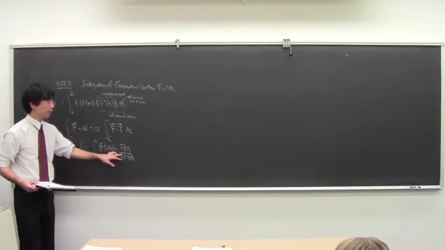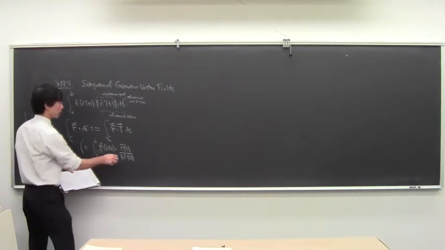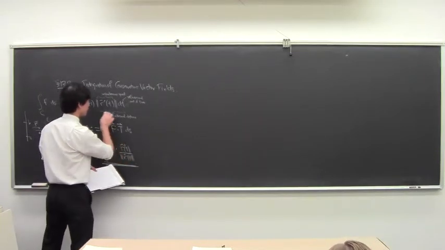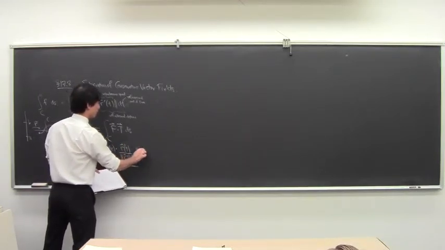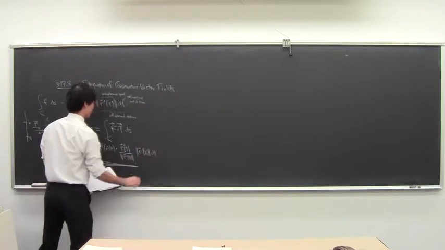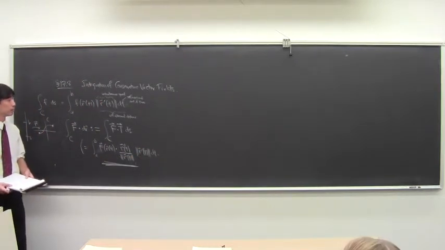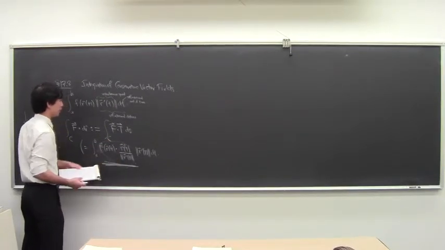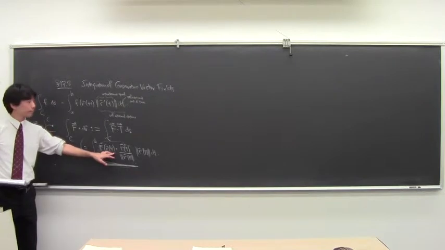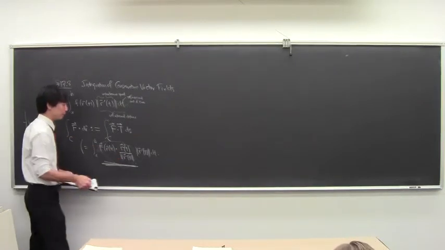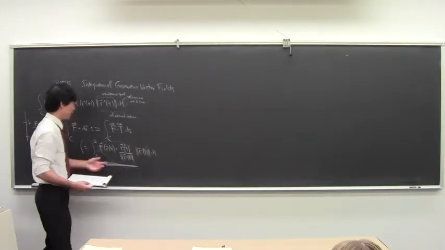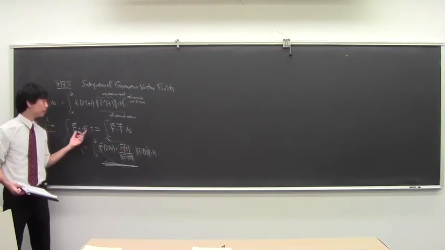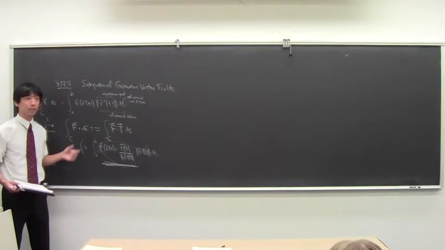So this is the function, and then we're going to multiply by r prime over its magnitude, dt. This is our function evaluated at r of t, and you see what happens: you get this cancellation, and it turns out to be the integral of F at r of t dot r prime of t dt. Justifying the notation.